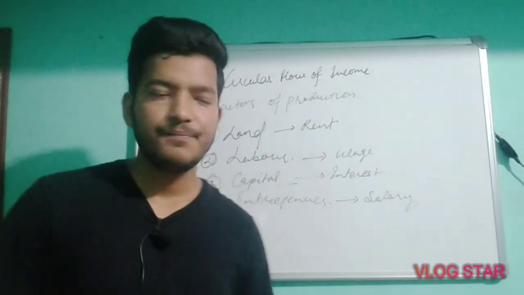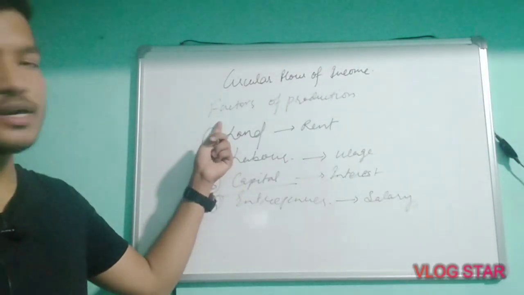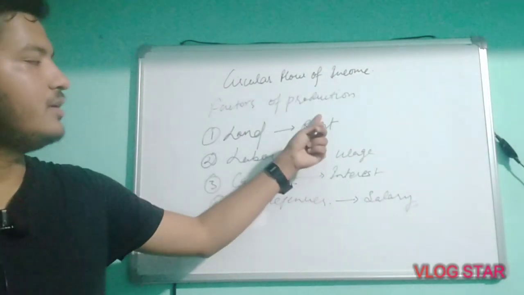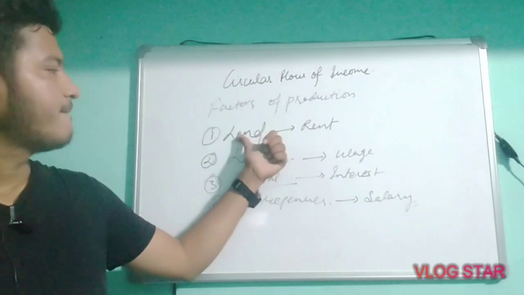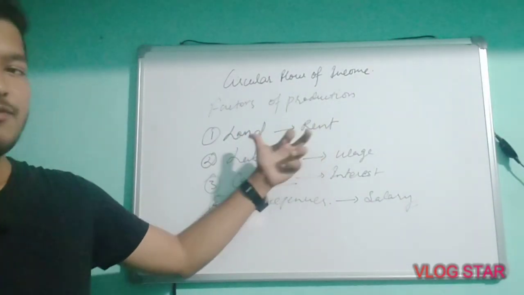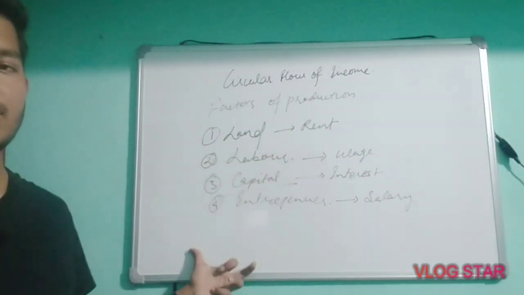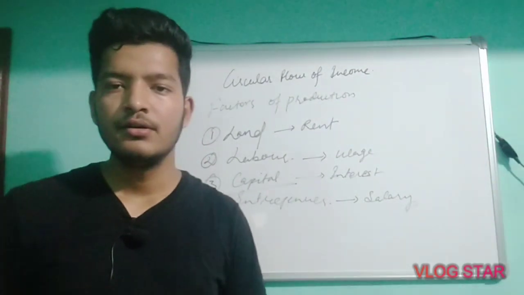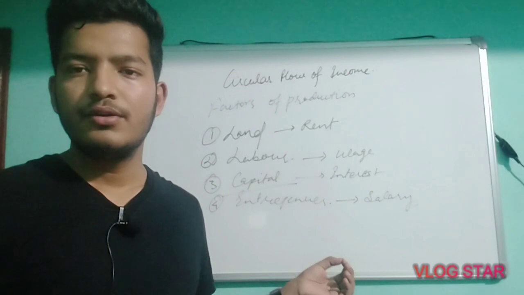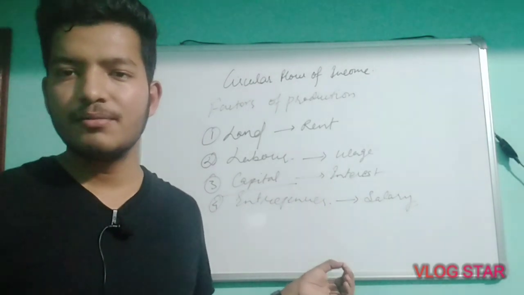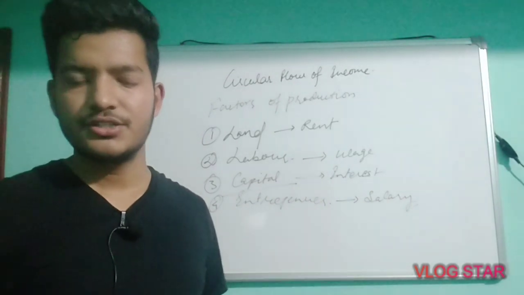So in this way, the production sector gives money to the household sector, and the household sector gives factors of production to the production sector. So these things are required to understand the two sector model before the discussion.